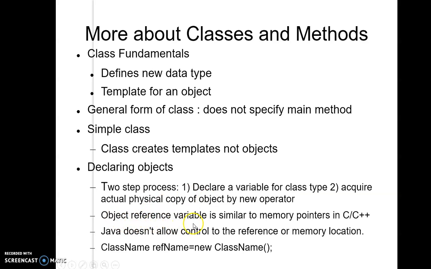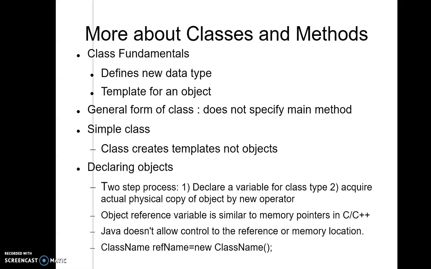So the object reference variable is very similar to the pointers which we have used in C and C++. In C we used malloc, and in C++ we used the new operator, and it creates a memory and returns the address of that particular memory, which we store into the pointer.